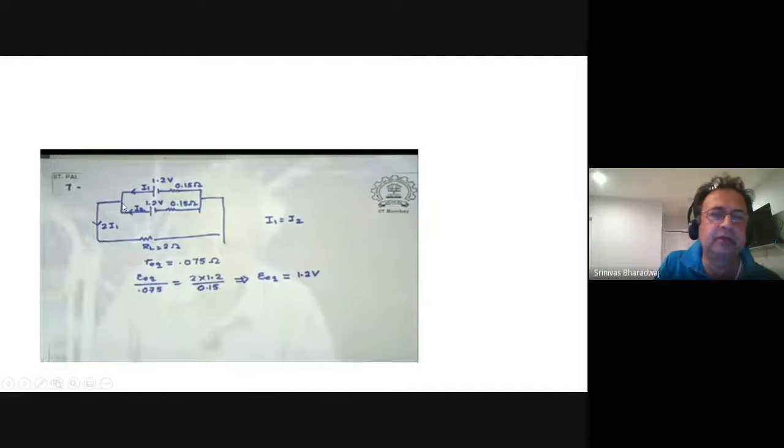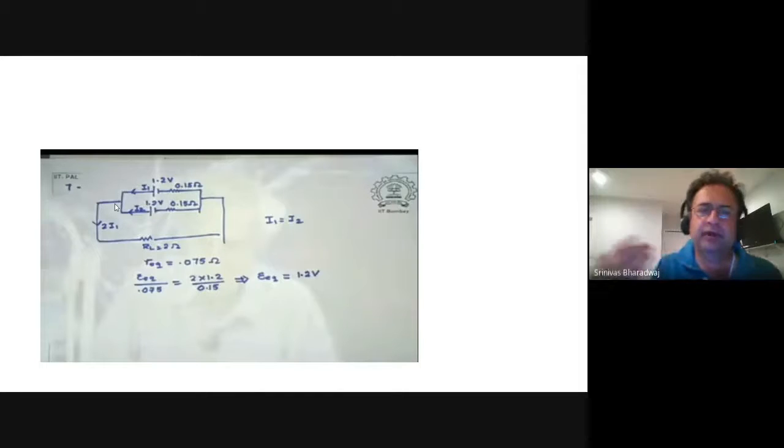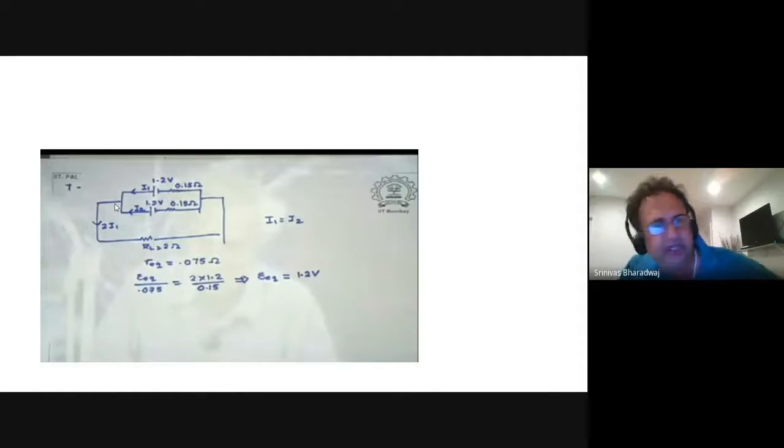You can use any convention, current like this or current like this, you must just follow that convention. On the left hand side I put all the currents coming in, and on the right hand side all the currents going out. Otherwise, you use the same convention and set the sum to 0.